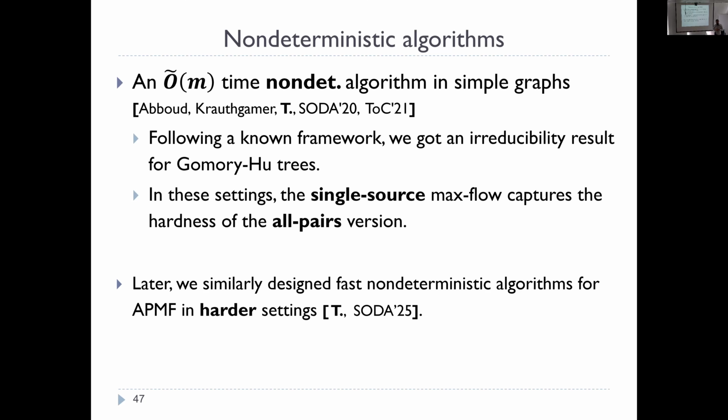But the algorithmic insight that we got is that, as far as algorithms, it is essentially equivalent to just finding the max flow values from a single node. So single source, all sinks, max flow. This is where we should focus on. This is where the hardness lies. Again, in the non-deterministic setting, just making sure, but still, we thought it could be valuable.